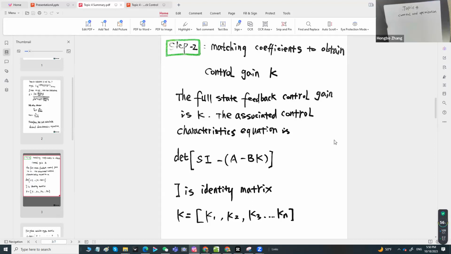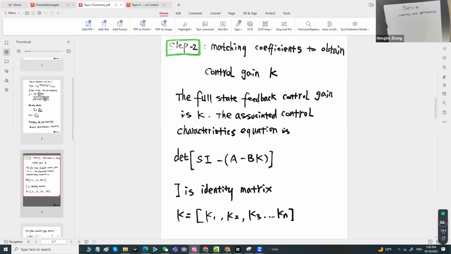The characteristic equation of the underlying control system is the determinant of sI minus A minus BK.